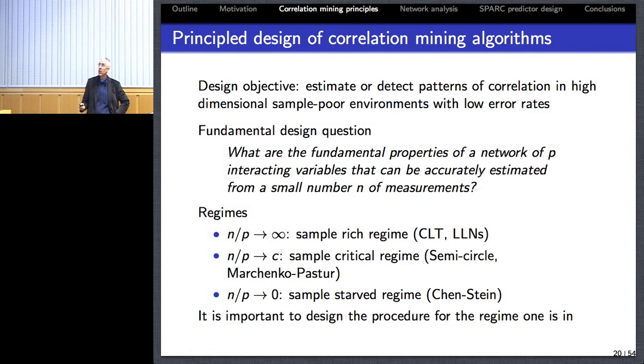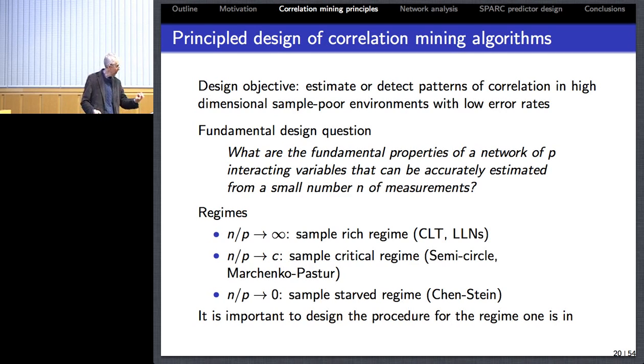There's another regime which we call the sample critical regime, which is when N and P both increase at the same rate, so that constant C. For this, it turns out that you can't say anything precise about the correlations, but you can say something about whether the correlations exist.